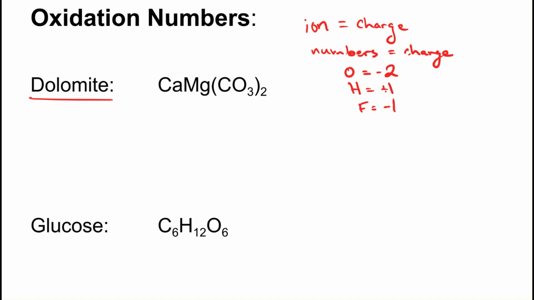Is this thing ionic? Yes, correct. It is ionic. And it's ionic because it starts with a metal or it starts with ammonium. Perfect. So let's try and spot some ions. When I look at this, it's got a calcium ion.